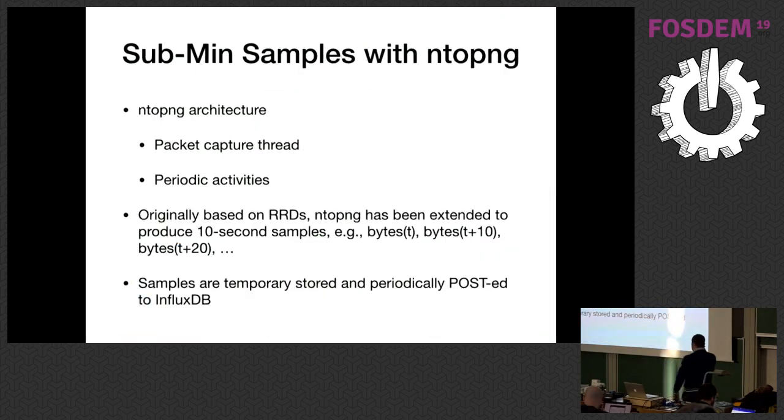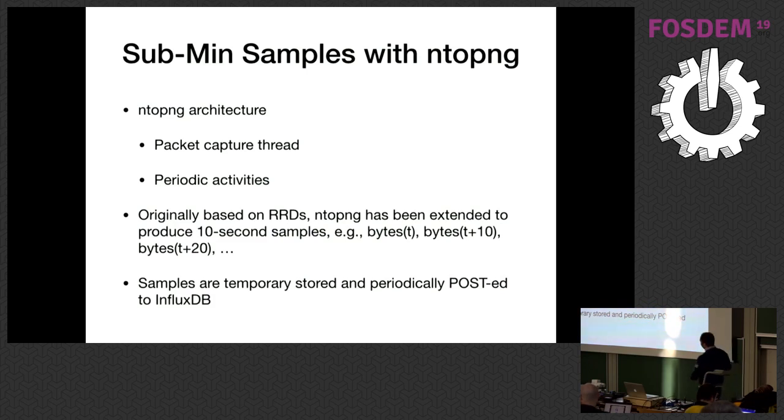The architecture of NtopNG is multi-threaded. This means that basically we have one thread that is reserved for the capture of packets. And then we have other threads that run in parallel and are reserved for the generation of samples. In our recent work, we extended those parallel threads for the metrics generation, and we changed them so that they can provide metrics at a resolution of up to 10 seconds.